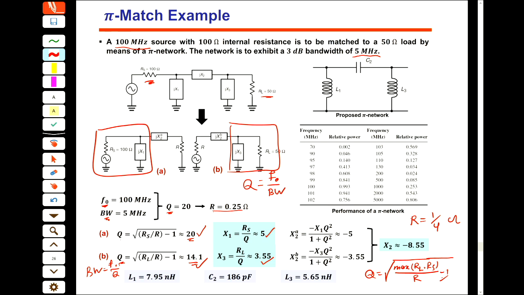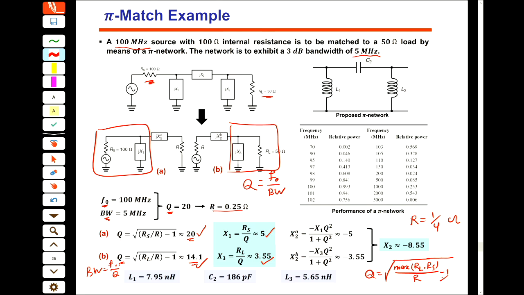Then we ensure that the bandwidth of the whole system is 5 megahertz. Okay? X1 is 5, X2a is minus 5, X3 is 3.55, and X2b is just... Why is X1 RS by Q?